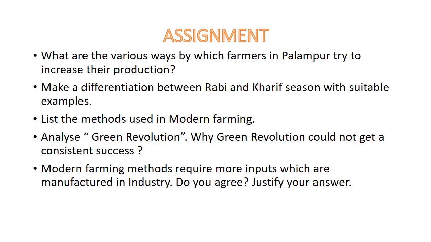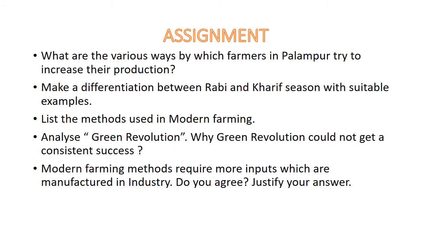So let us move towards the assignment of this module. The first question says, what are the various ways by which farmers in Palampur try to increase their production? Make a differentiation between Rabi and Kharif season with suitable examples. List the methods used in modern farming.